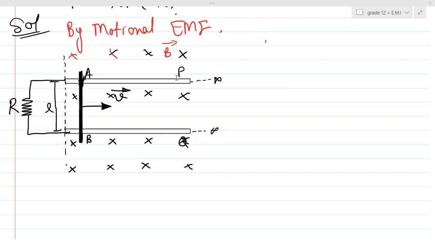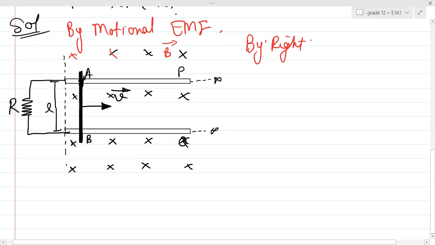Yes, hello guys. So basically, we will apply the right hand palm rule. By the right hand palm rule, can you tell me which will be bigger?